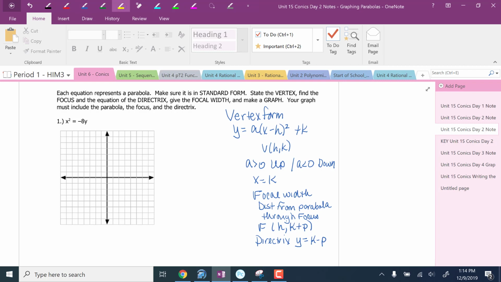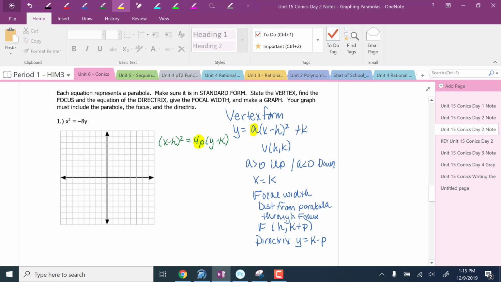And then our formula here, this a in our old-fashioned vertex form, looks a little different because now we're going to isolate the squared term and replace this a with a 4p. So now our conic section looks like (x minus h) squared equals 4p(y minus k). We still have the vertex at h comma k, but that a is now rethought as a 4p. And then that p helps us find the focus and the directrix.